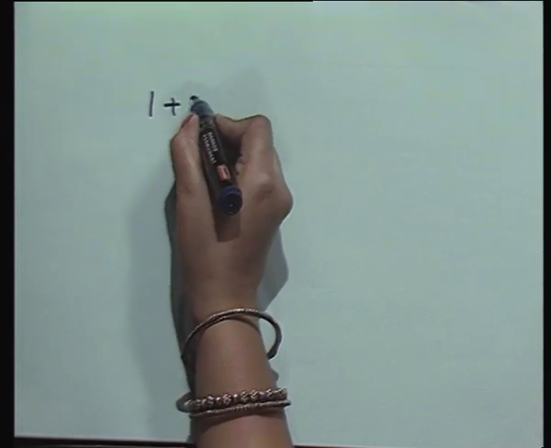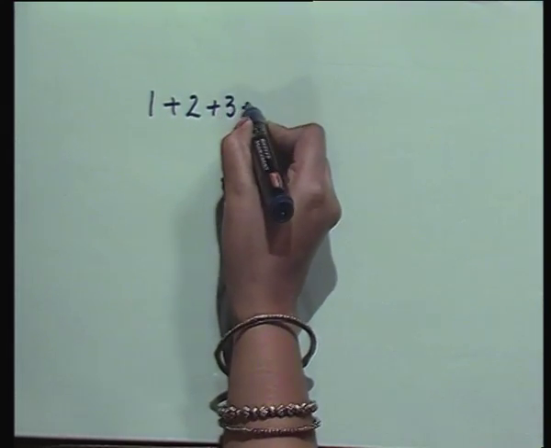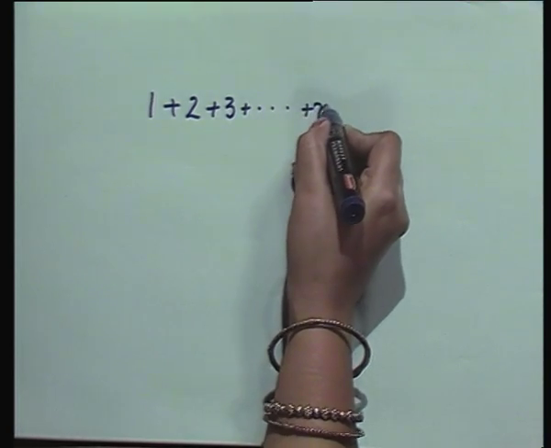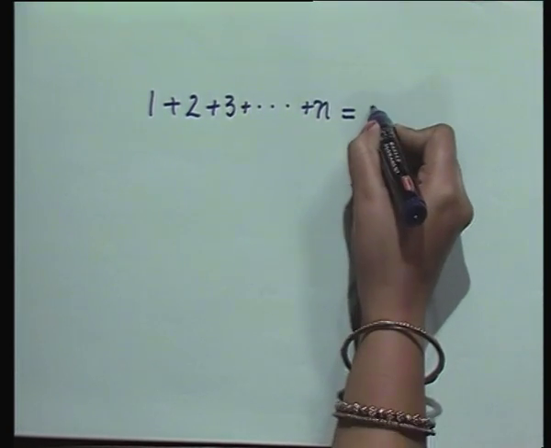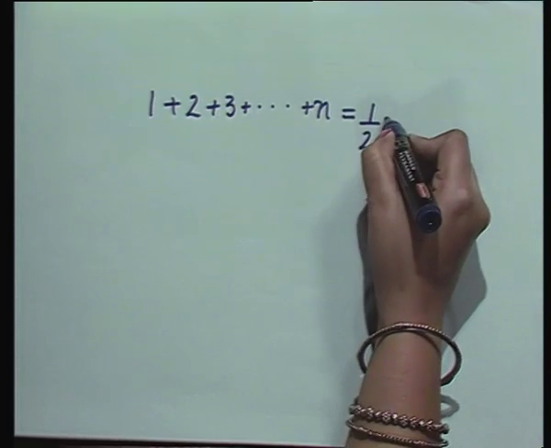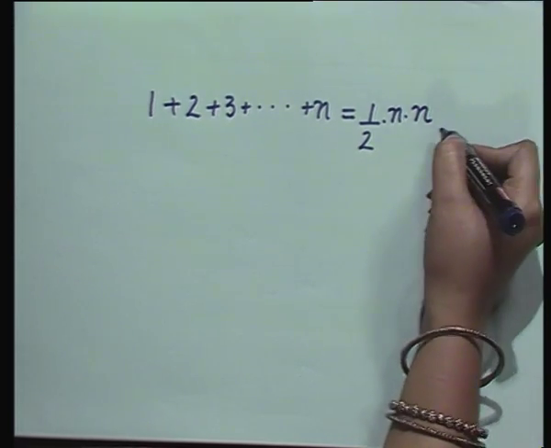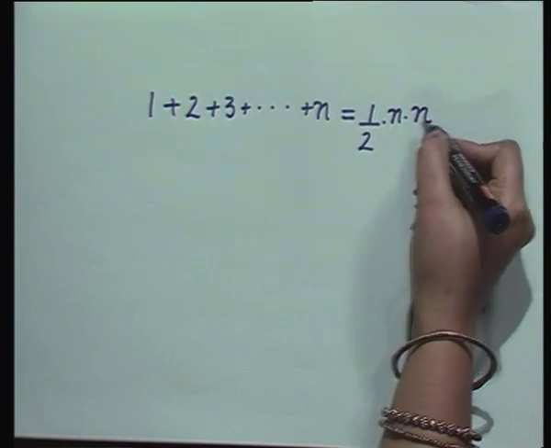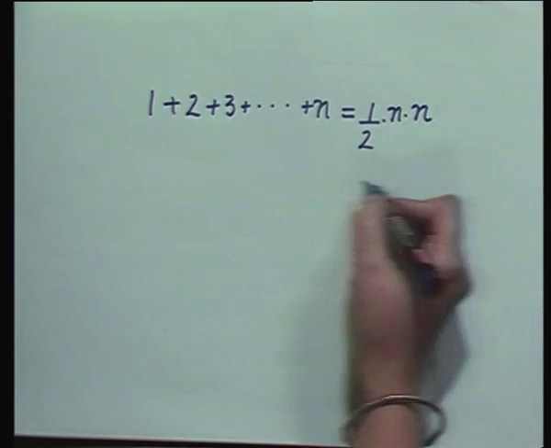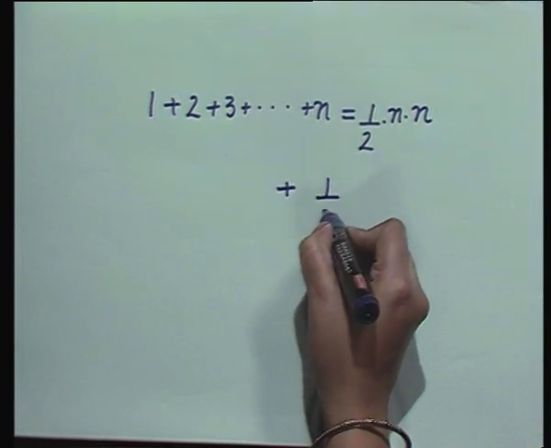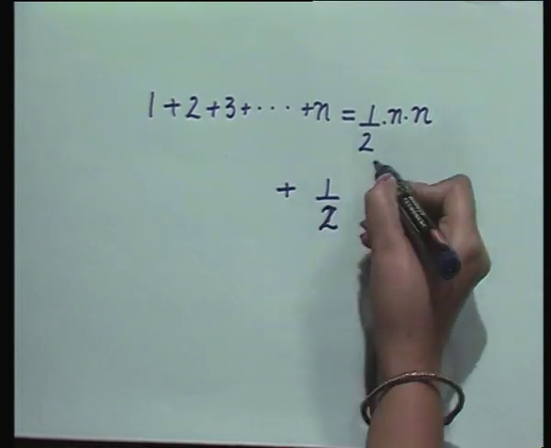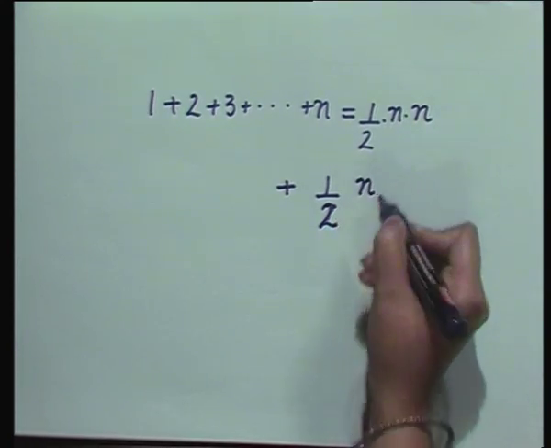What you have here is 1 plus 2 plus 3 up to n is equal to area of the triangle, which is half base into height. The base has n unit squares, that is your AC and AB both have n unit squares, so n into n, plus half the area of n unit squares means n into 1.